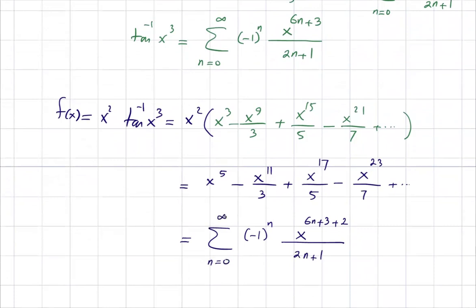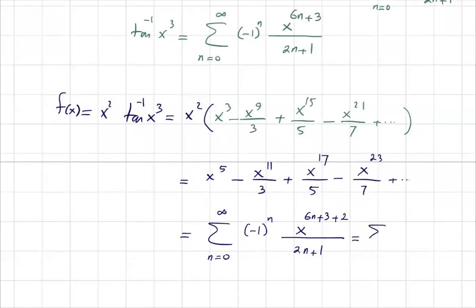So you're basically adding these two to the exponent of your x. This series can be written as the summation of -1 to power n times x to power 6n plus 5 divided by 2n plus 1 and start from 0 to infinity.